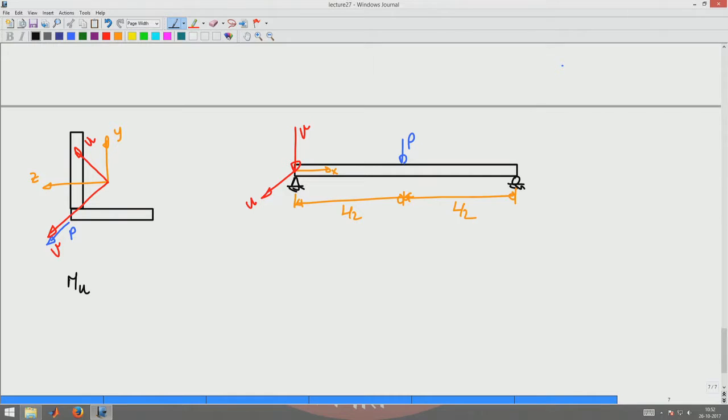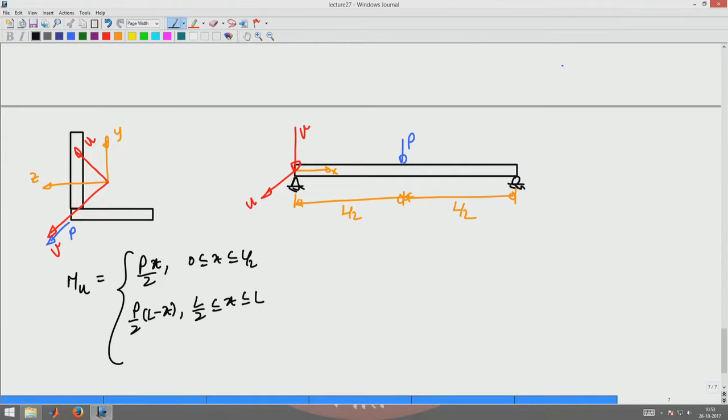The moment Mu will be P into x for 0 less than x less than L by 2, and P by 2 into L minus x for the bending moment in the region L by 2 less than x less than L.